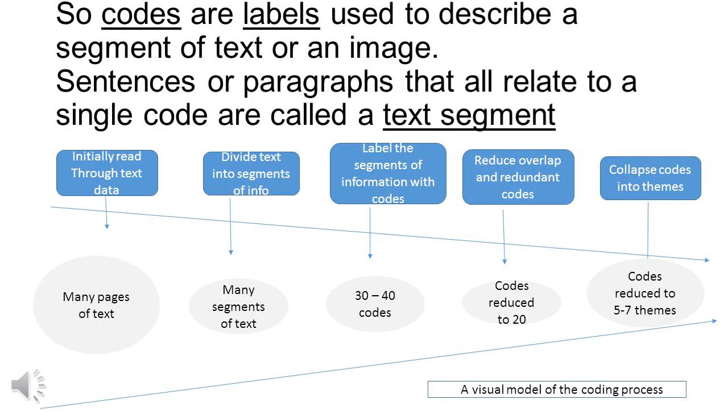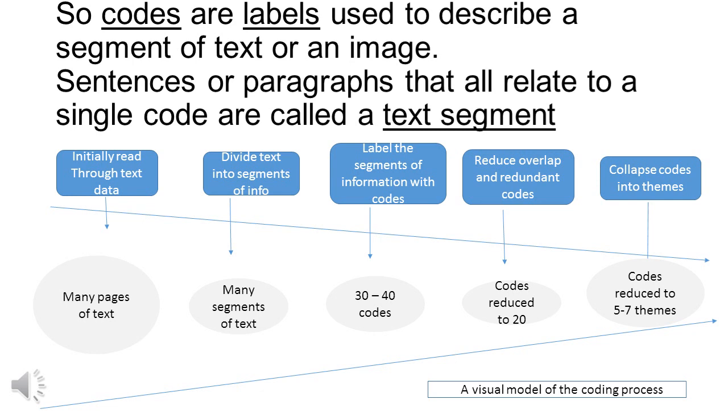So briefly, codes are labels used to describe a segment of text or an image. Sentences or paragraphs that all relate to a single code are called a text segment. So I like this diagram which I took from the research book we are working on.